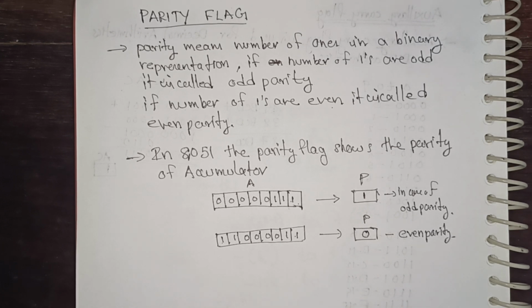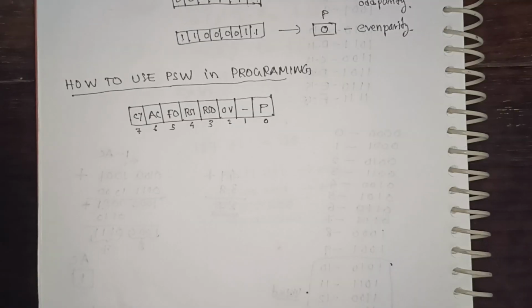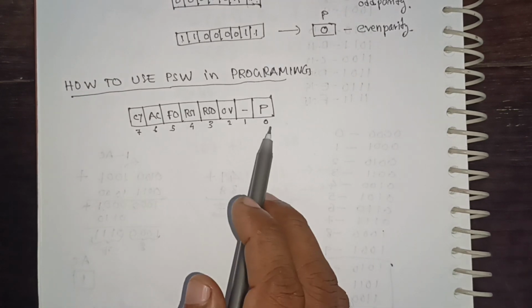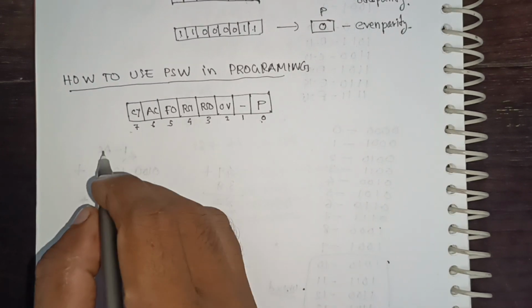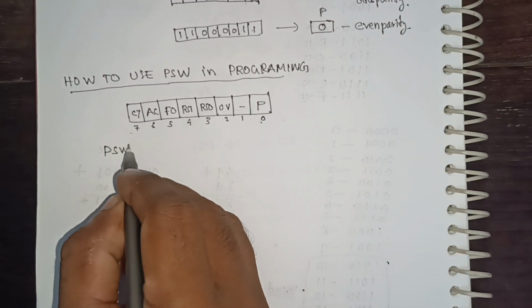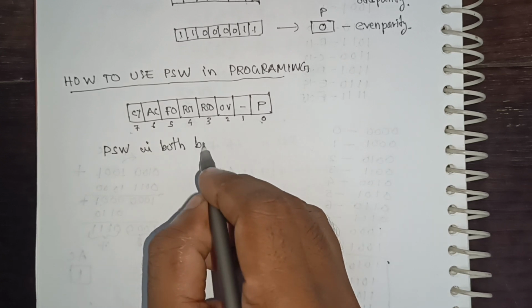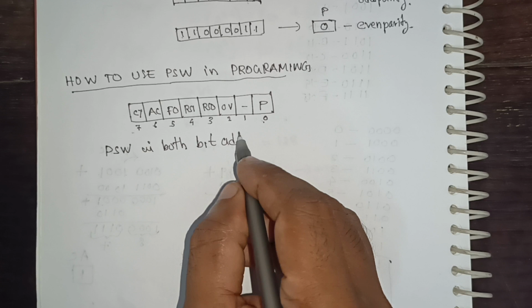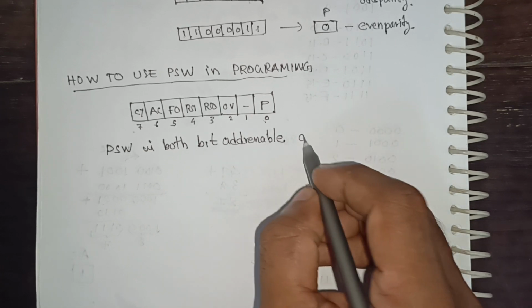The parity flag is actually used in serial communication to check the correctness of the received data. So next we will see how to use PSW in programming. This is our PSW, which is 8-bit. PSW is both bit addressable and byte addressable.